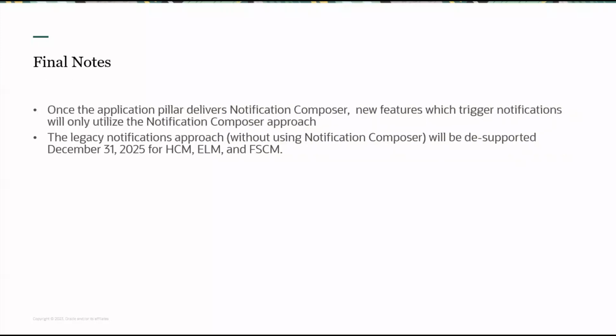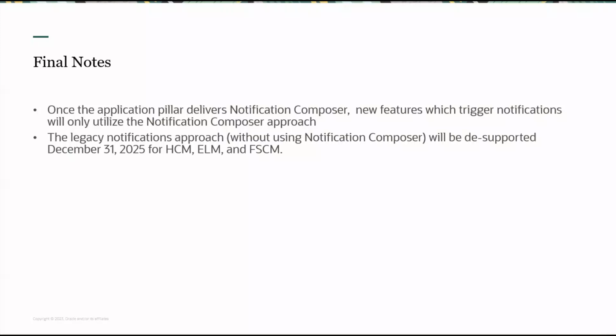Final notes. Once the application pillars deliver Notification Composer, new features we deliver from that point forward, which trigger notifications, will only use the Notification Composer approach. This is to help incent customers to move to Notification Composer because of the next bullet point.